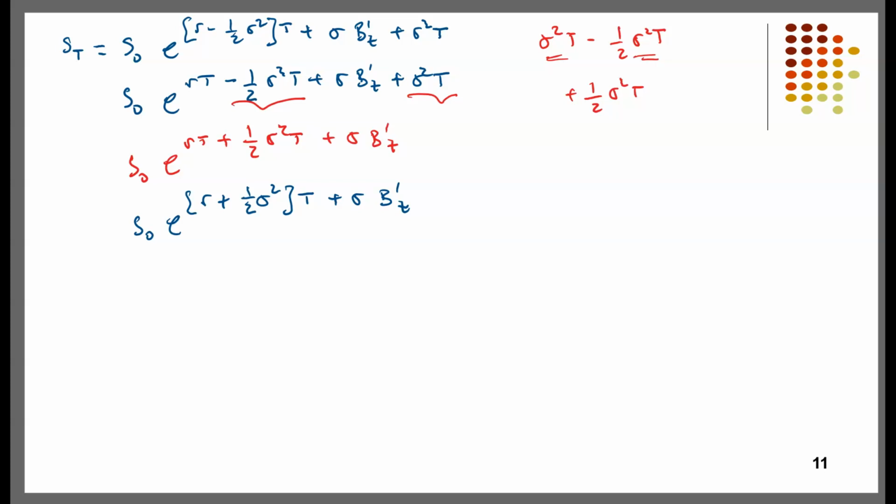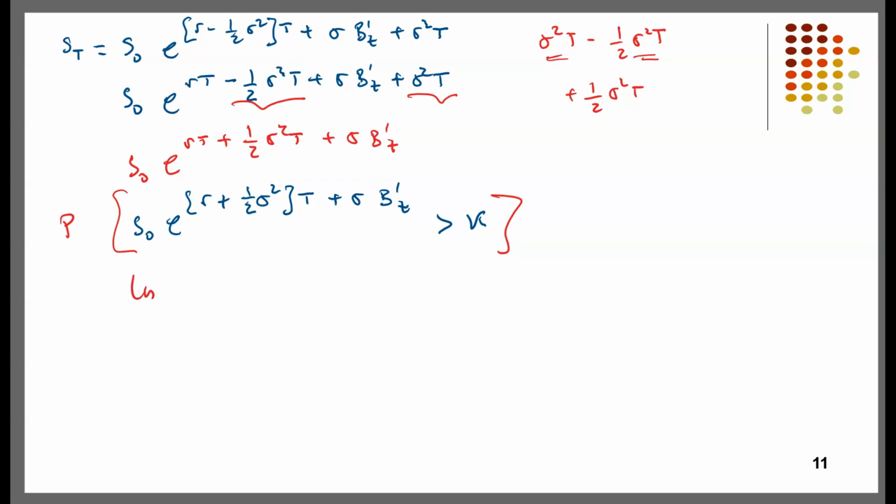That's our ST, and this is what we want to be greater than the strike price. So we want this to be greater than the strike price K, and we want to find the probability of this value. Just like what we did earlier, we're going to take the log of both sides.